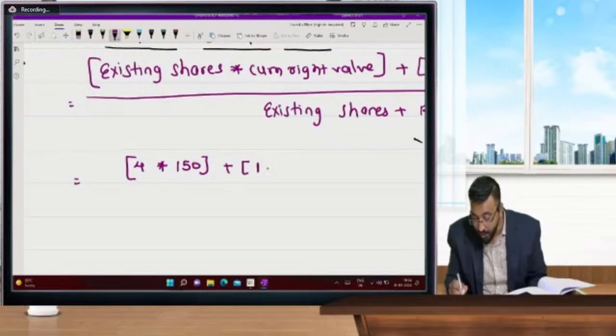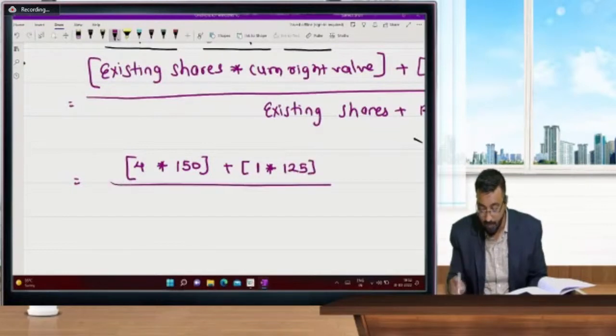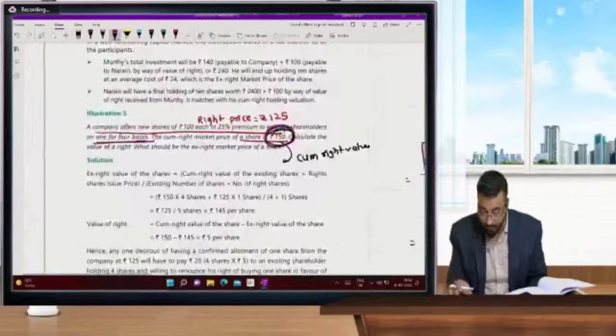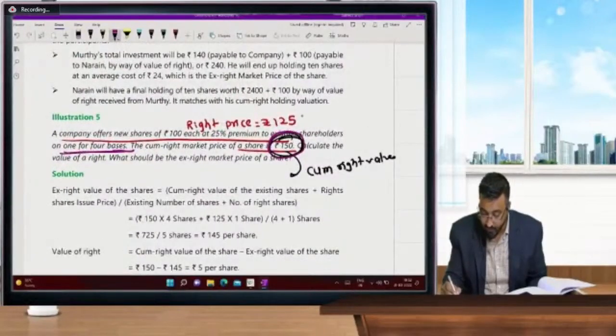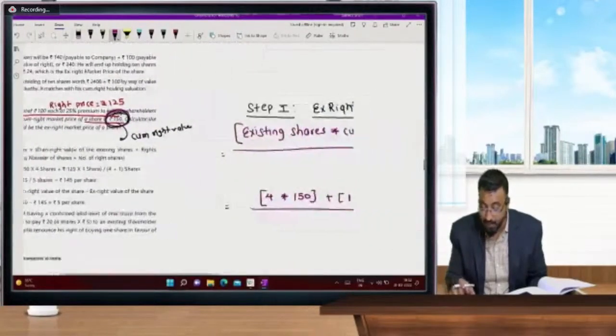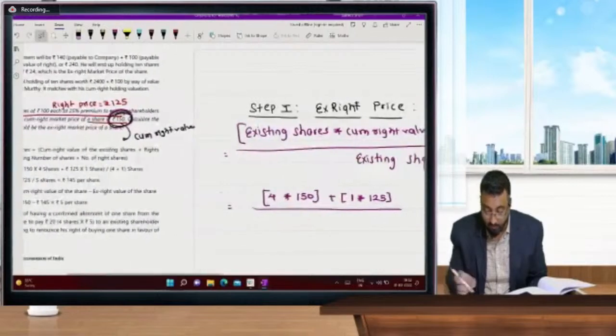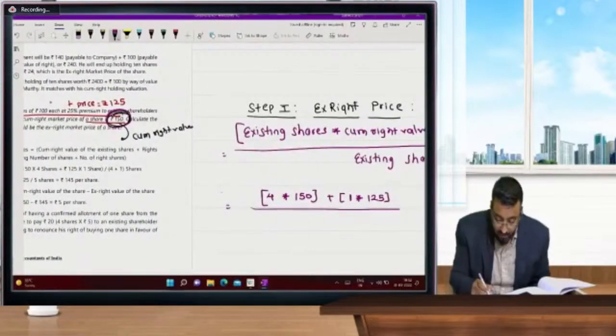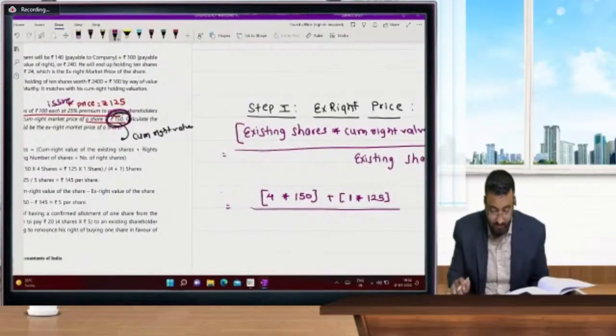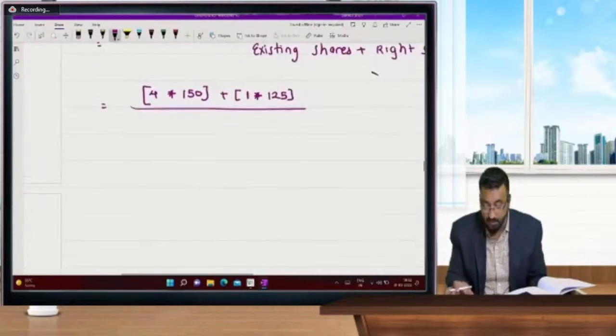And you are issuing 1 share at an issue price of 125. It is the right price. Issue price. Right price. Ex right is different. Or you can write here, don't get confused. It is the issue price. 125 is the issue price.